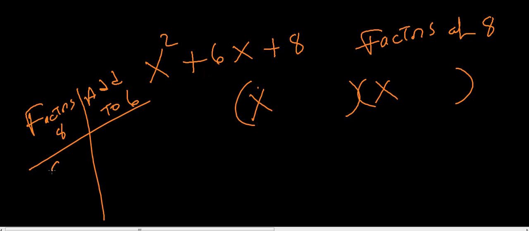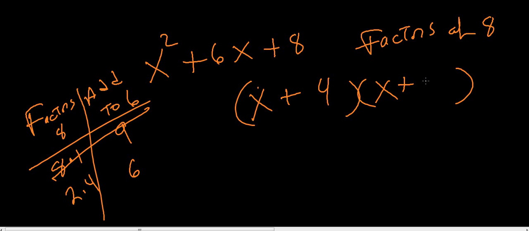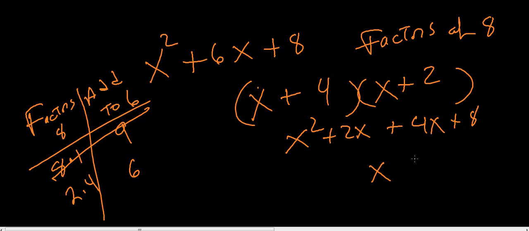So let's list our factors of 8. You've got 8 times 1 and 2 times 4, right? Well, 8 plus 1 is 9, so that's not going to work. 2 plus 4 is 6. And this one's easy because everything's positive. And then to check it, you pull it out. So you get x squared plus 2x plus 4x plus 8, which is x squared plus 6x plus 8, what we started with.